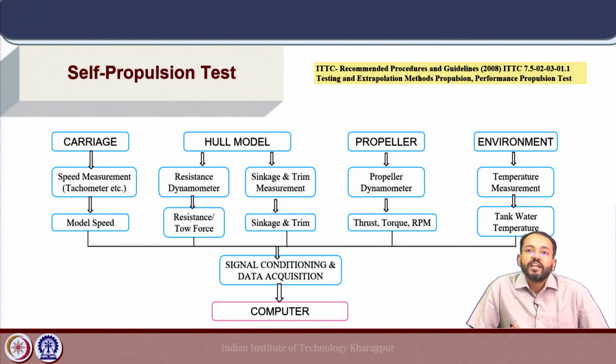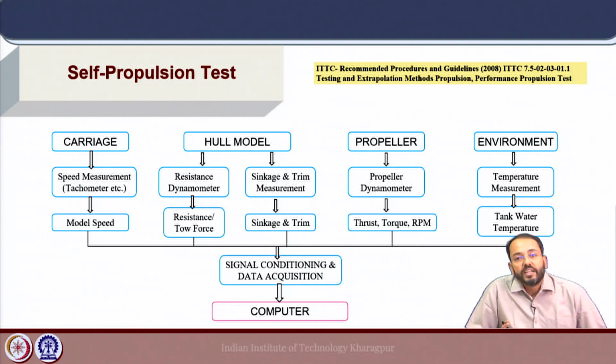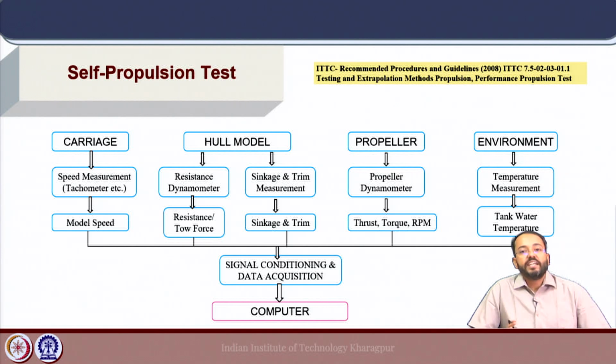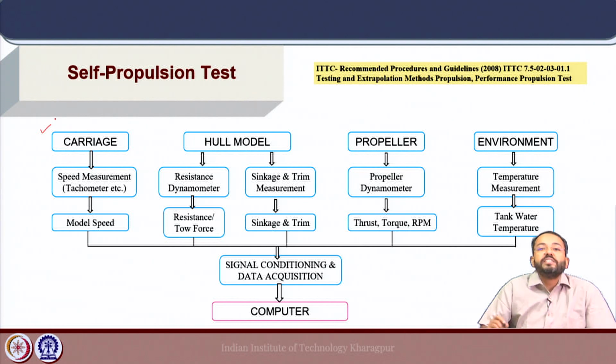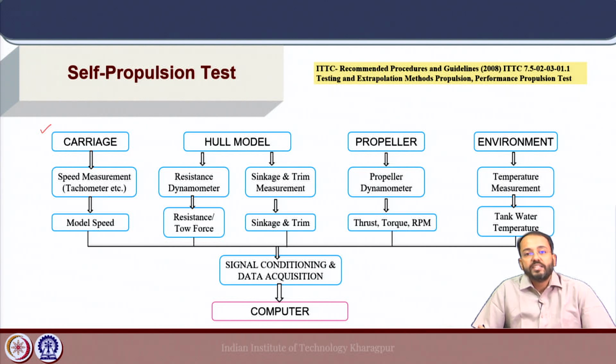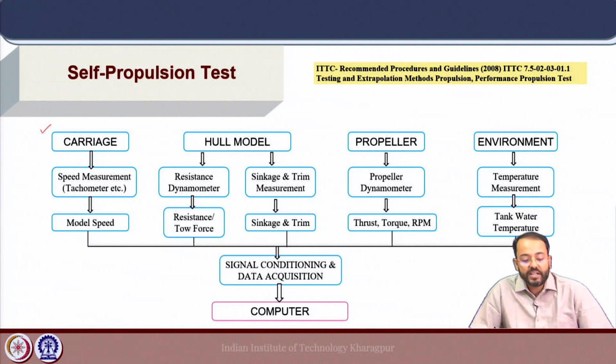This flow chart shows the data acquisition system from different parts of the self-propulsion test setup as per standard ITTC recommended procedures for model self-propulsion test. We have the carriage which is towing the ship model fitted with a propeller.